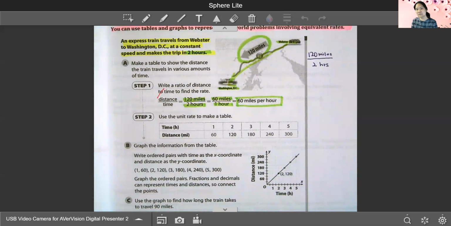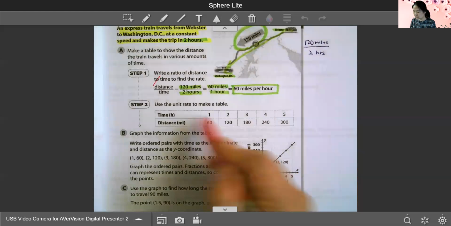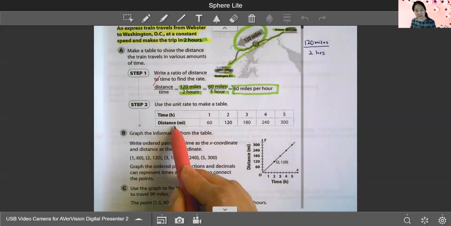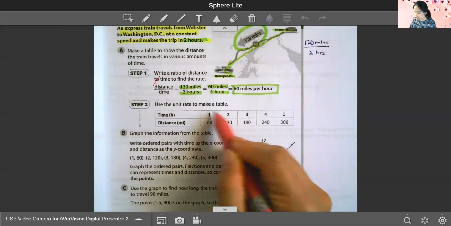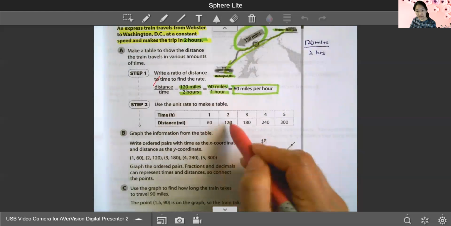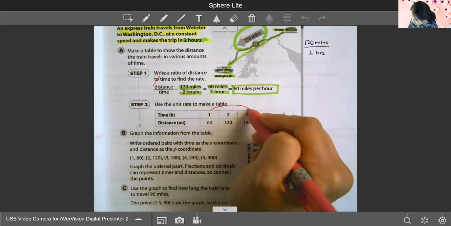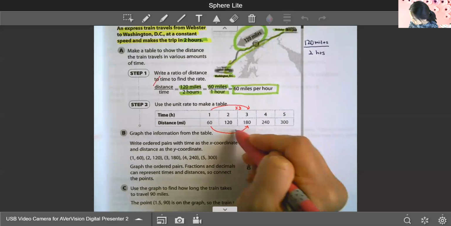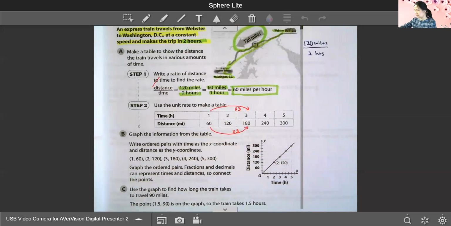Then it says use the unit rate to make a table, and it actually already made the table for you. The first number is time, the second distance. So 1 hour, 60 miles. 2 hours, 120 miles. Okay, then multiplying by 3 hours, 60 times 3 is 180 miles.